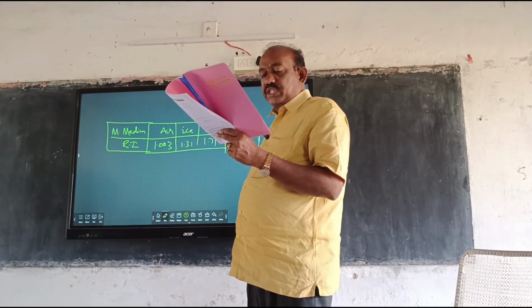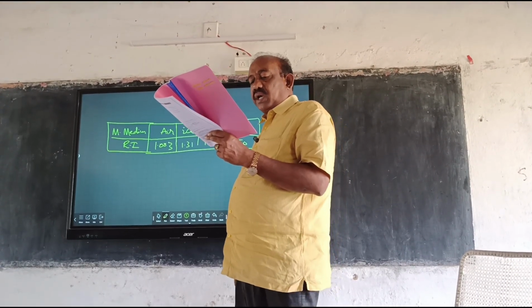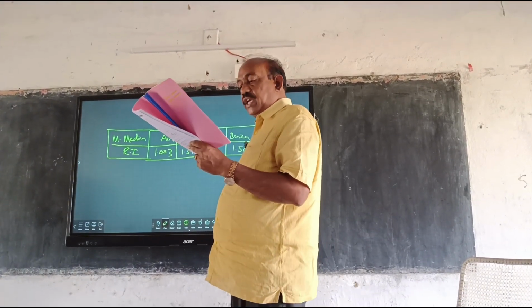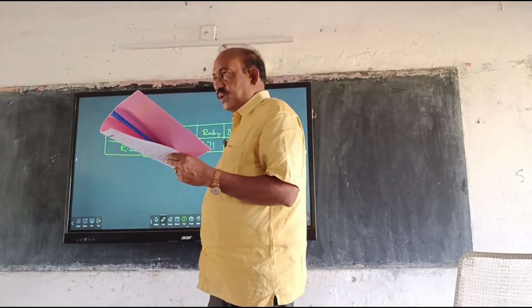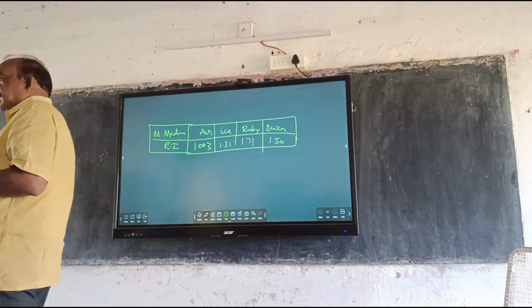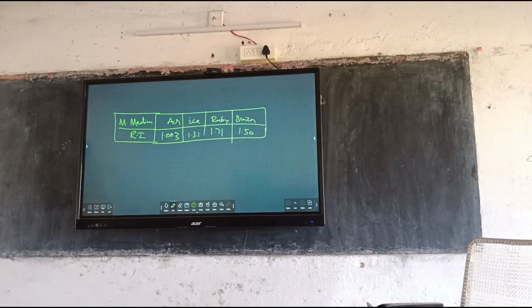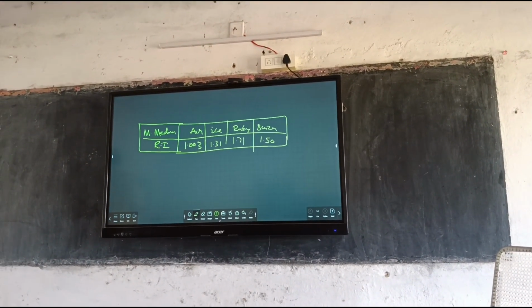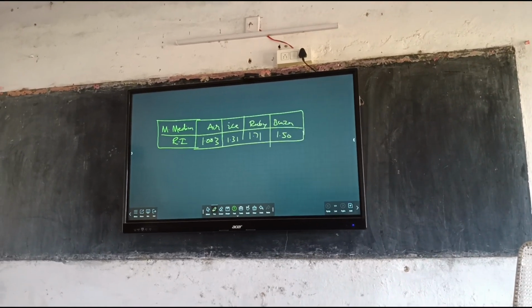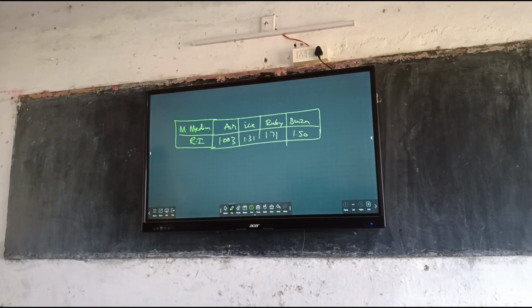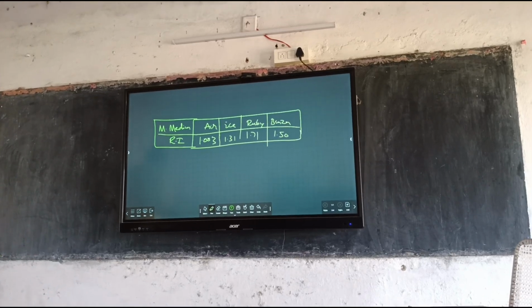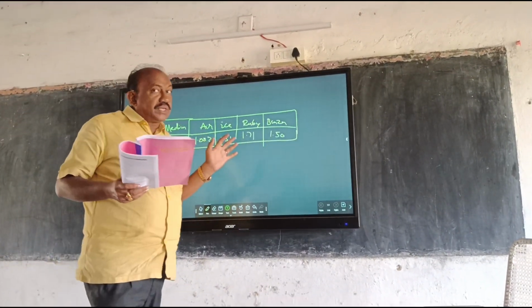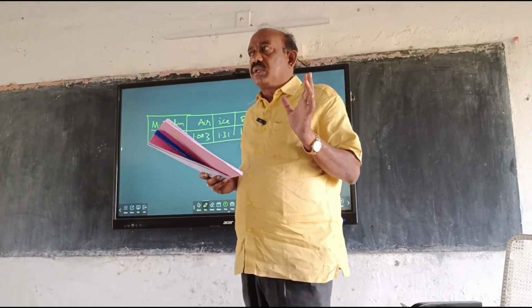Refractive index n is directly proportional to 1 by v, that means inversely proportional to the speed of light. Last one, what is the SI unit of refractive index? No unit. This is one important question.